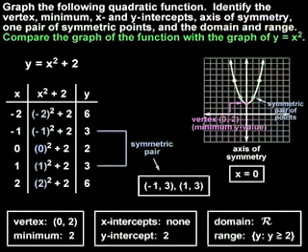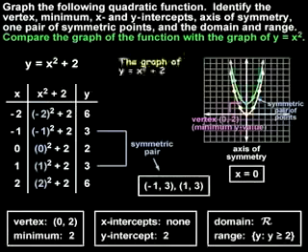Finally, we're asked to compare the graph of the function with the graph of y equals x squared. Remember from the previous example that the graph of y equals x squared, or the parent graph for the family of quadratic functions, is a parabola that opens upward with a vertex at the point 0, 0.